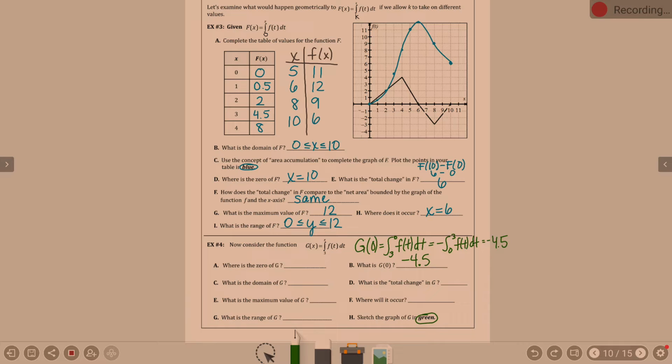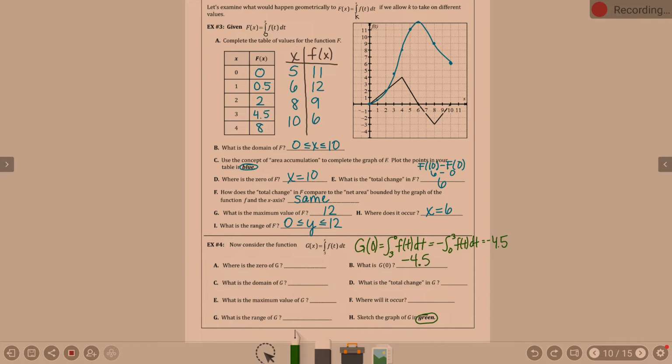But b asks us, what is g of 0? And so for g of 0, I had us plug in 0 as we were getting ready to leave, yes? So we plugged in 0, and we have the integral from 3 to 0 of f of t dt. I can't remember if this is the first place I introduced it or if I'd introduced it earlier in the lesson. But we don't usually have integrals go from 3 to 0, do we?